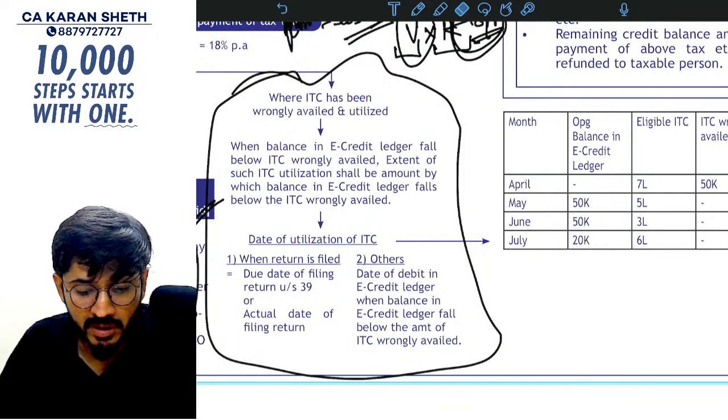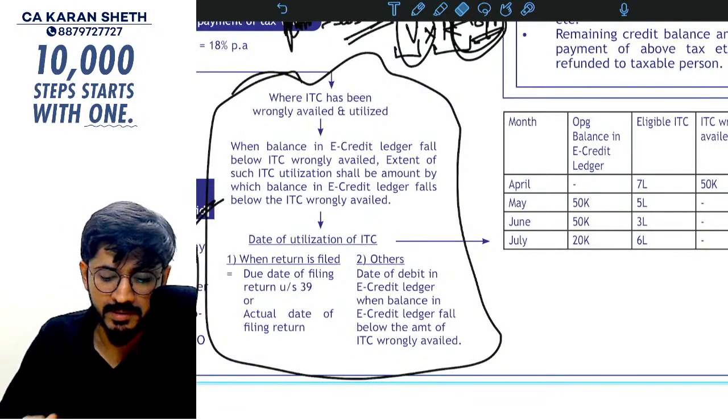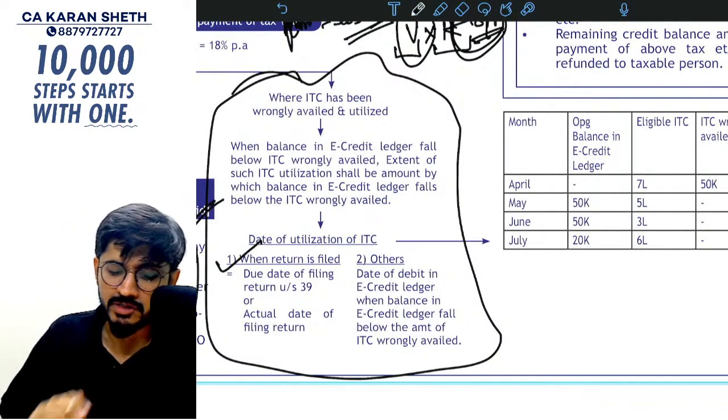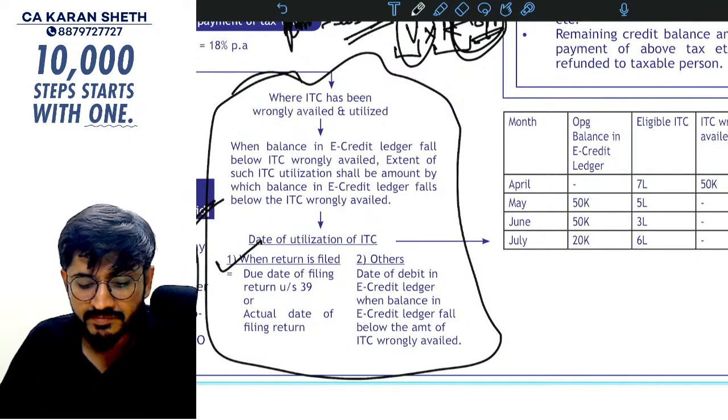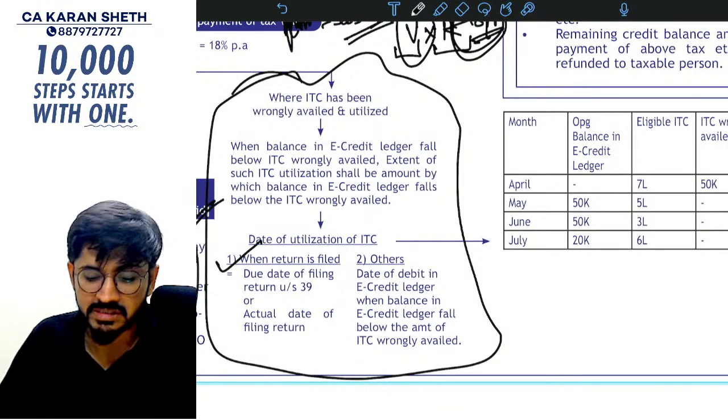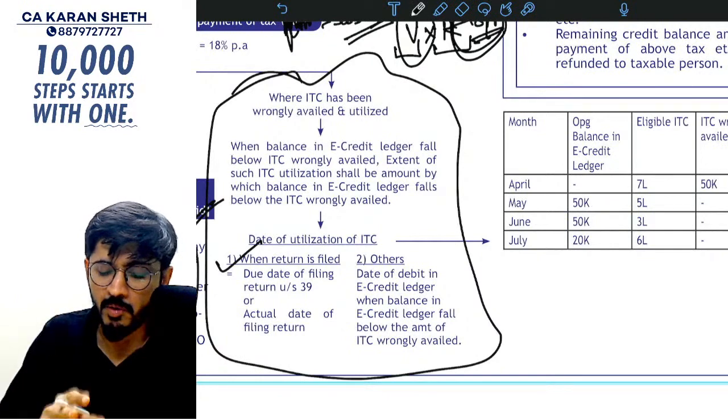What will be the date of utilization? So it depends if the return is filed, the due date of filing return or actual return, whichever is earlier. And in case of others, date of debit in e-credit ledger when the balance falls in e-credit ledger below the amount of ITC wrongly availed.